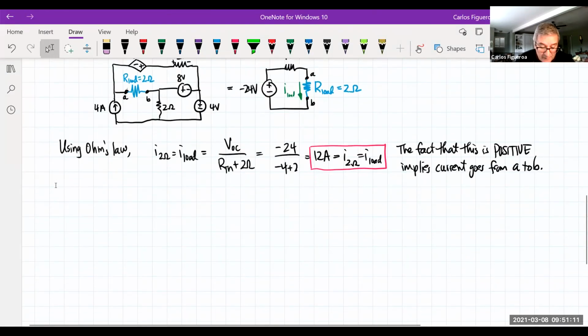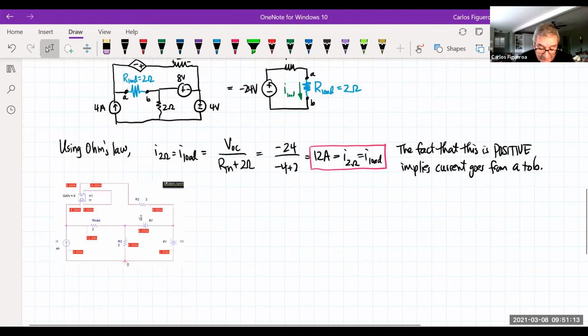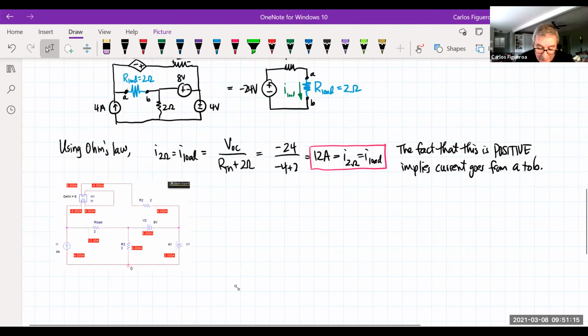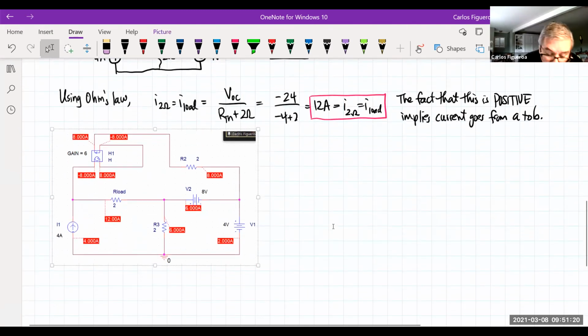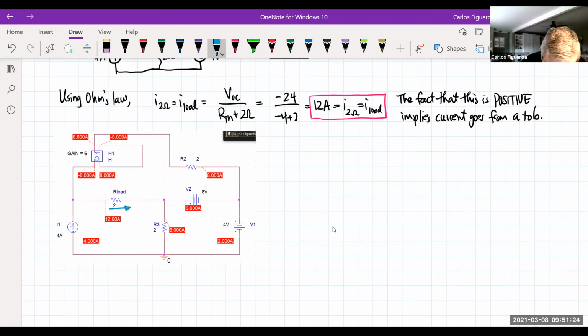So I am seeing a current through the load going like this right here, as expected. And you could see that that's 12 amps. So that negative resistance is a real thing here, right? It's totally a real thing. It's not some arbitrary thing that I'm just kind of calculating.